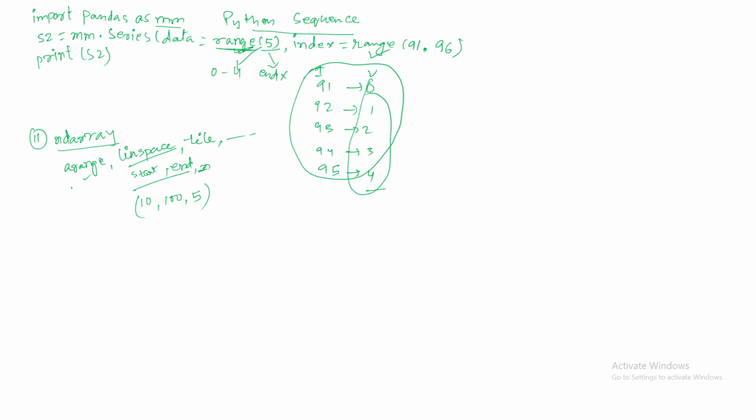In the arange function, if you put it just like the range function, starting, then ending, then here it will be steps, not the number of elements. So in these steps, what happens? Same values, 10, 100, 5. So here what will display? 10 is the first value, then 10 plus 5, 15 will come, then 15 plus 5, 20.